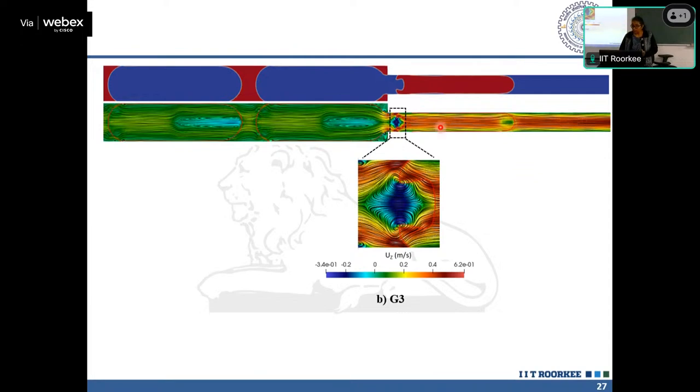The blue one is the negative velocity, which means there is a backflow. There is a recirculation region, and a stagnant region also. So a stagnant regime gives you some rotational circulation over here. This type of circulation further enhances mass transfer.